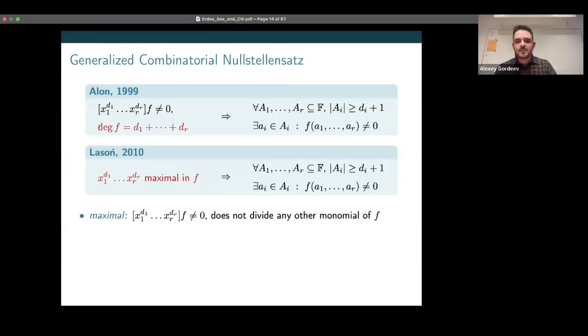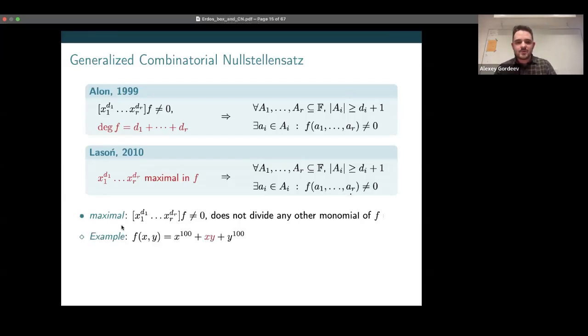Instead of asking for this monomial to be the monomial of highest degree in F, you can just ask for this monomial to be maximal in F. Maximal just means that it appears in F, it has non-zero coefficient, and no other monomial in F divides this monomial.